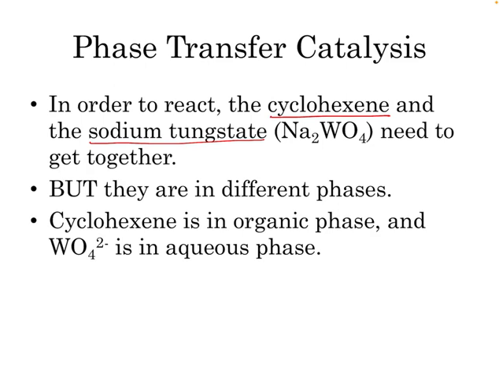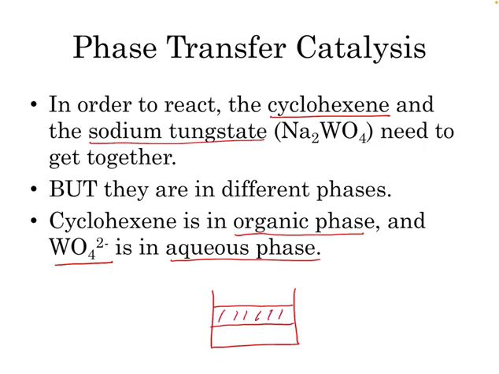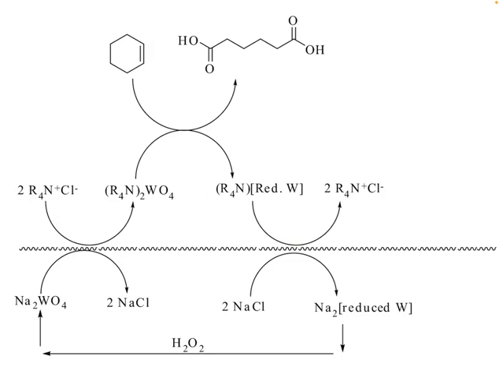They need to combine forces. However, they are in different phases. Cyclohexene is in the organic phase, and tungstate, WO4, is in the aqueous phase. So we end up with 2 different layers in our sample. How can we get these 2 to mix? Well, that's where the phase transfer catalyst comes in.